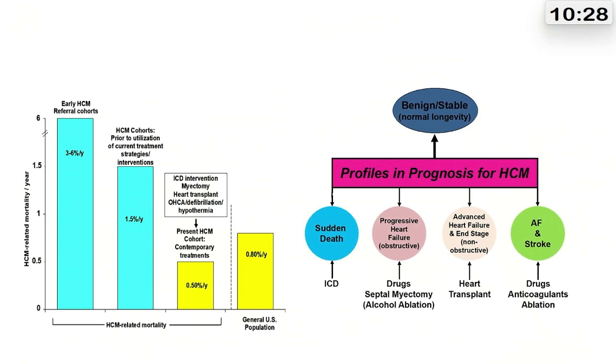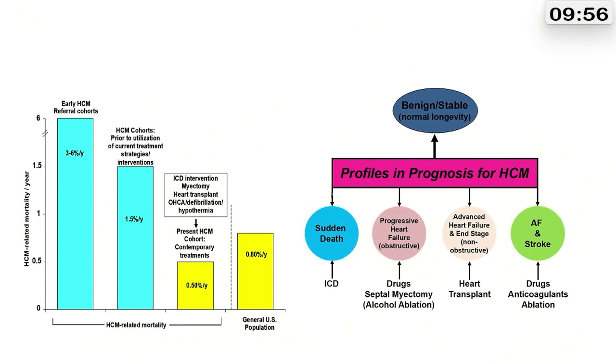But even with its slow progression, early HCM referral cohorts had a mortality rate of 6% per year, which has decreased after the addition of all measures in the management of HCM regarding medication, septal reduction therapy, and prevention of sudden cardiac death, to be 0.5% per year, which is equal to or less than the usual mortality rate in the US.